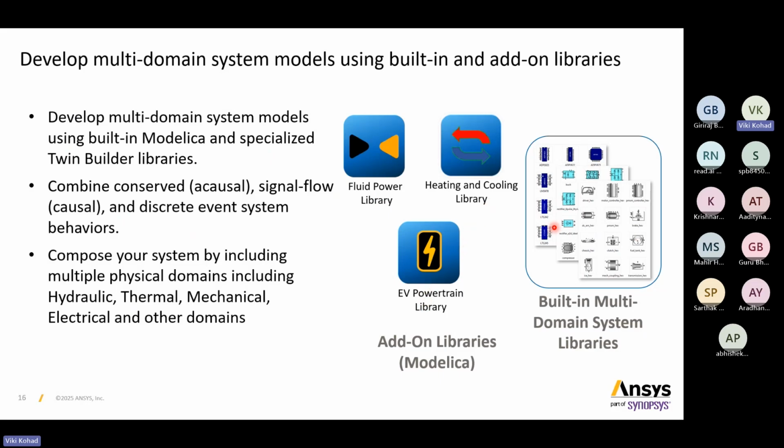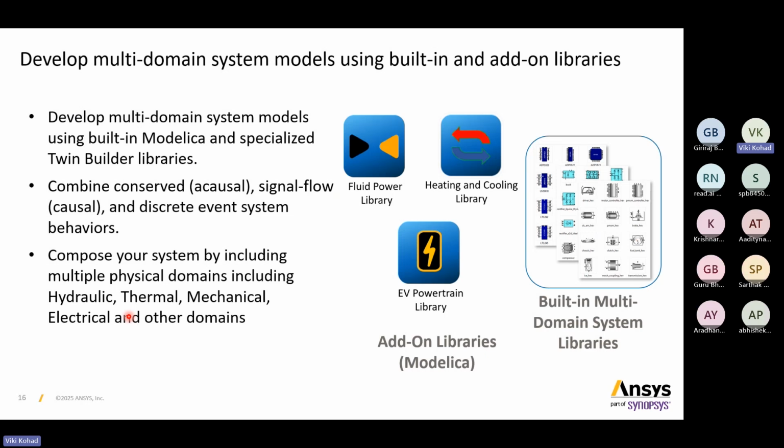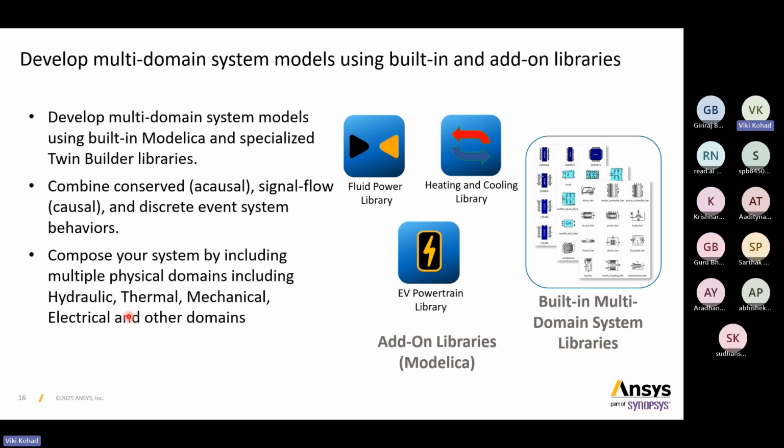All the libraries are there inside ANSYS Twin Builder. You use those libraries to create your system level model. It composes hydraulic, thermal, mechanical, all the domain libraries. You just drag and drop these libraries or the components from the libraries, make your system level model, and simulate it by using ANSYS Twin Builder.